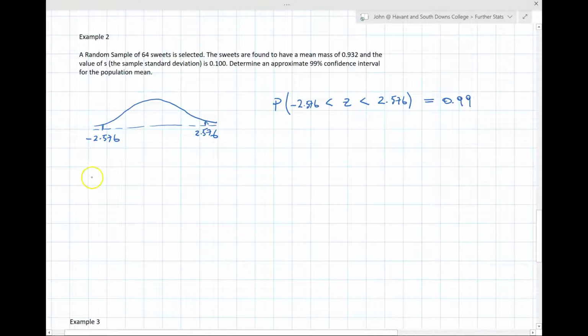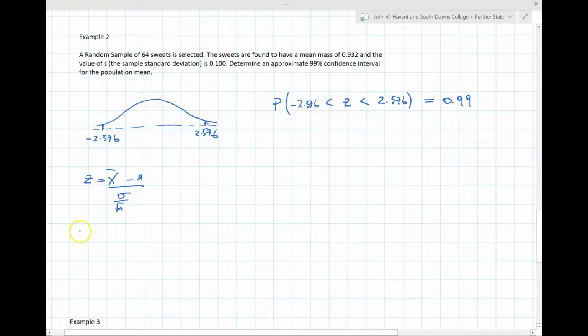So then we can use the transformation that we know that Z is equal to x bar minus mu over sigma over square root of n. Just rearrange separately if you need to, you don't necessarily need to put it into the inequality, in fact I wouldn't.